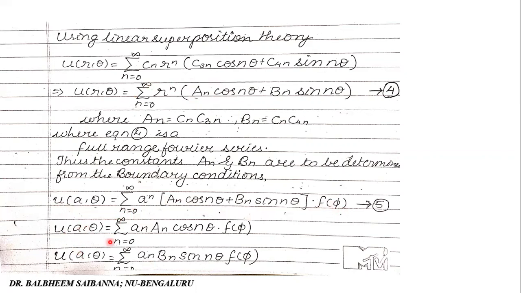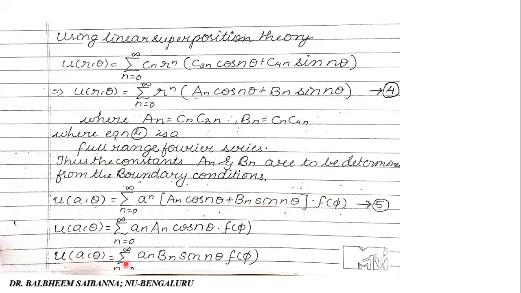Then u of a comma theta is equal to summation n equals 0 to infinity an cos n theta, f of pi. Here bn sin n theta, when r is equal to a, this sin goes to 0. Then we get an cos n theta, f of pi.